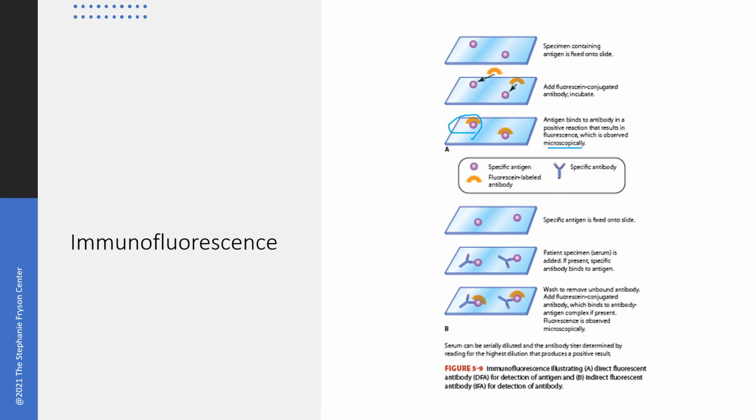And then you have the specific antigen fixed onto a slide. The patient specimen is added. If the specific antibody is present, it is going to bind to this antigen. You wash to remove unbound antibody. Now you add the fluorescent conjugate antibody, and if fluorescence is observed microscopically, it's there.